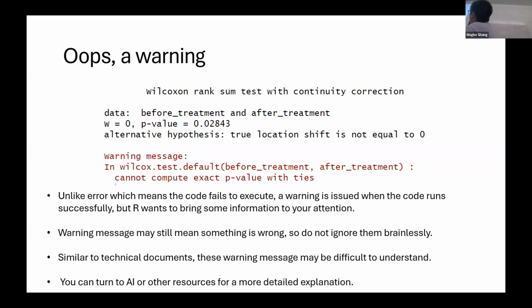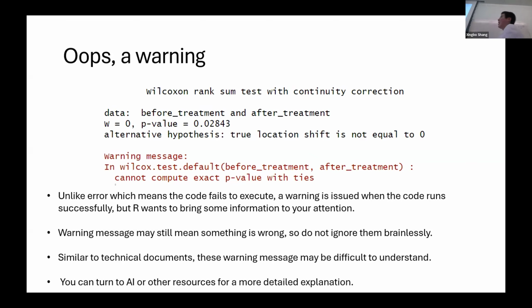Data: before treatment and after treatment, that's just the variable names you pass to that function. It tells you W equals 0, p-value equals 0.02843. For anyone who does biology long enough, you immediately realize, oh, this is smaller than 0.05, so good. Then the null hypothesis is rejected, and I can publish my paper in Nature.